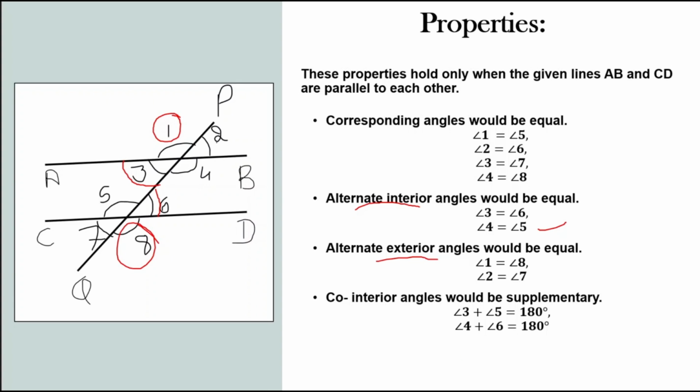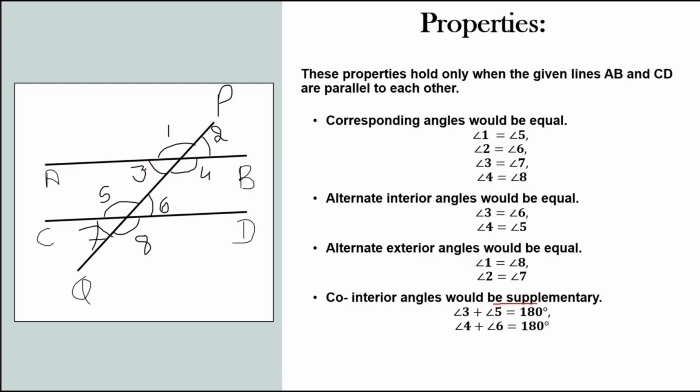Now, the fourth property is very important, and it's the only one which is different from the remaining three. So please don't get confused. Keep this in mind. Corresponding angles would be equal. Alternate interior would be equal to each other. Alternate exterior would also be equal to each other if the lines are parallel. But co-interior would not be equal. Instead, they would be supplementary.